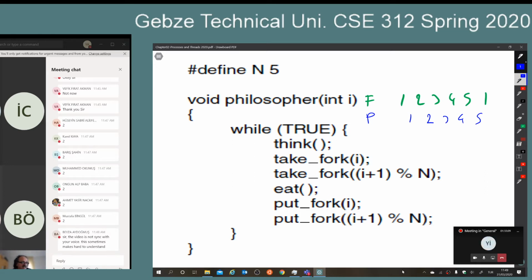Beyza says that the video is not in sync with your voice. I don't know what to do, Beyza. I have no control over that. Maybe if I stop this and run it again, would it help? So lots of people are complaining about the same thing. Did we have this problem yesterday?